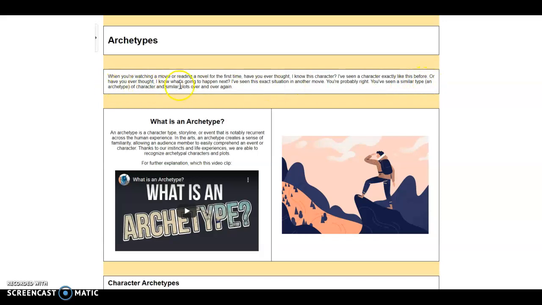Or have you ever thought, I know what's going to happen next in this story, I've seen this happen before, even if you've never seen the movie or read the book? Well, that's because we're tapping into archetypes. Stories use the same types of characters and the same events over and over again.